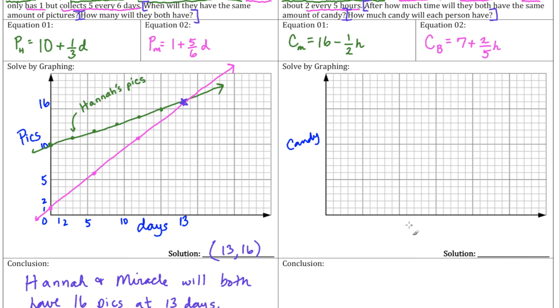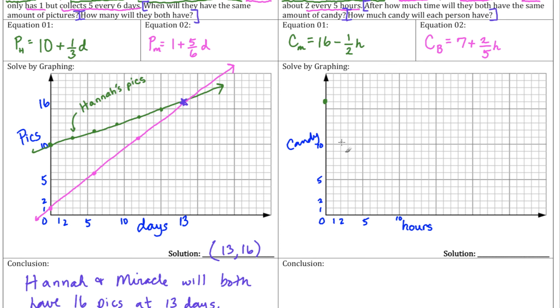Why is it so hard for me to write H's? Hours. Okay. And 0, 1, 2, 0, 1, 2. This will help me out later, potentially. So Michael starts with 16. So 5, 10, 15, 16.